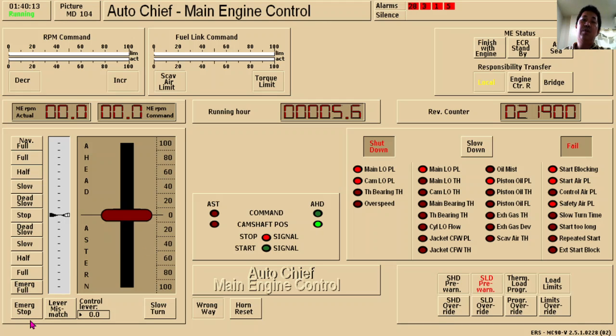It needs to be operated when, for example, my ship during maneuvering in port did not stop when the engine throttle is in the 0 position, and the engine did not stop. If that situation happens, the emergency stop should be operated.